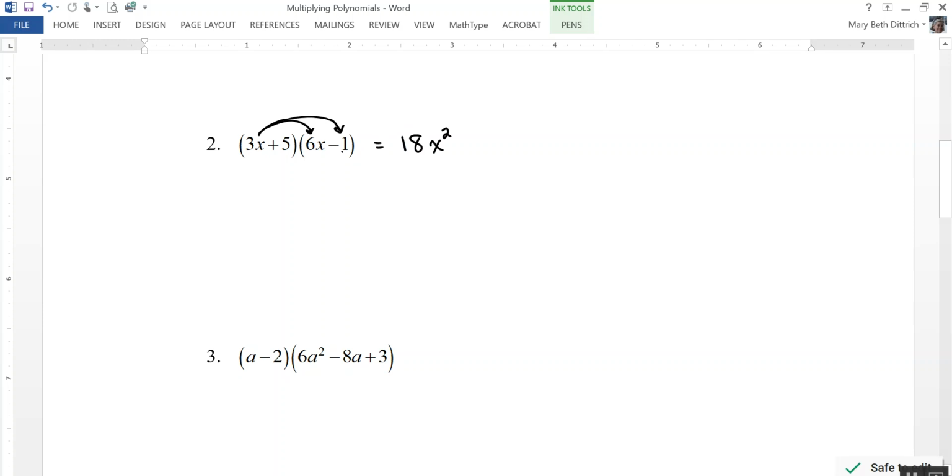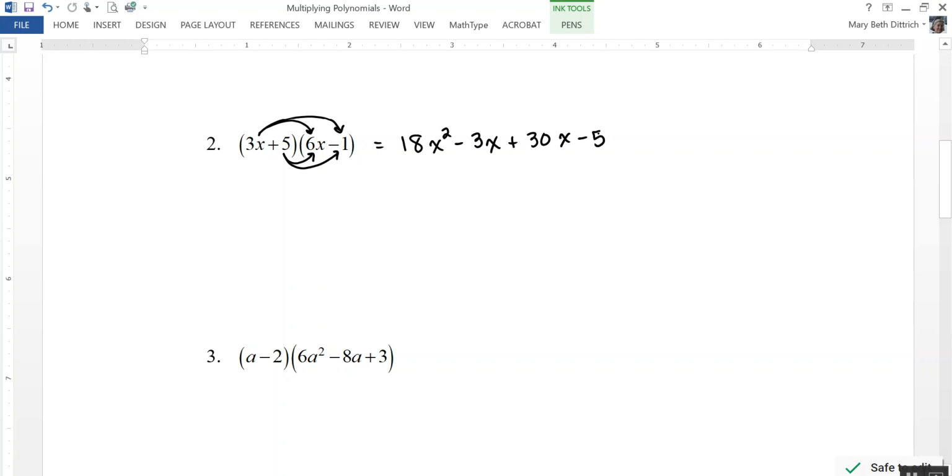And then 3x times a negative 1 is going to give me negative 3x. Now I'm going to take this 5, the second term in the first binomial, and multiply it by each of these. So 5 times 6x is going to give me a positive 30x. And 5 times negative 1 is going to give me a negative 5.